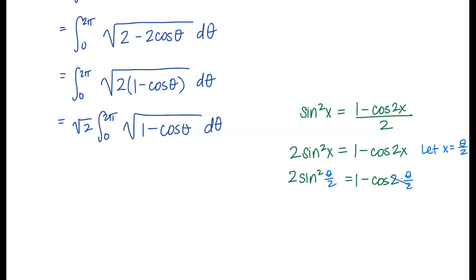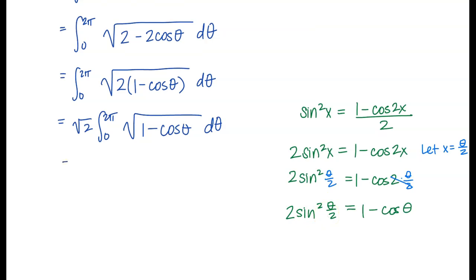So the 2 over 2 cancels, and my right-hand side is 1 minus cosine of theta. That's exactly what I have underneath my radical here. And what I just showed that was equal to is 2 sine squared of theta over 2. So now I can go ahead and replace 1 minus cosine theta with 2 sine squared of theta over 2.